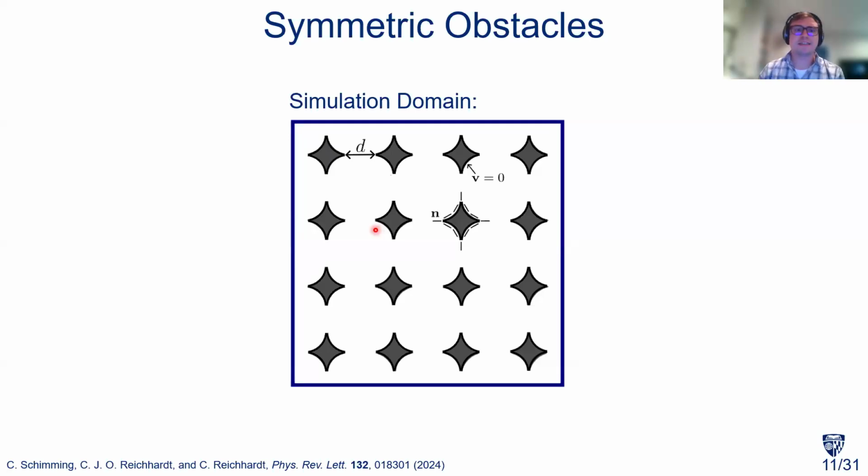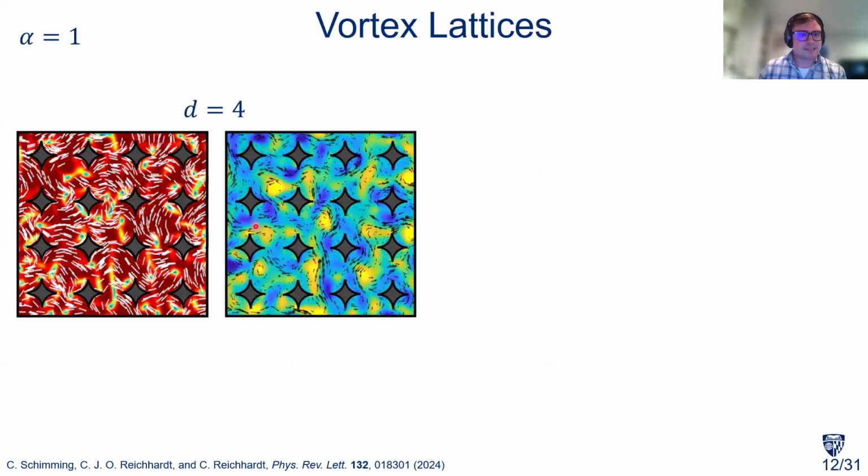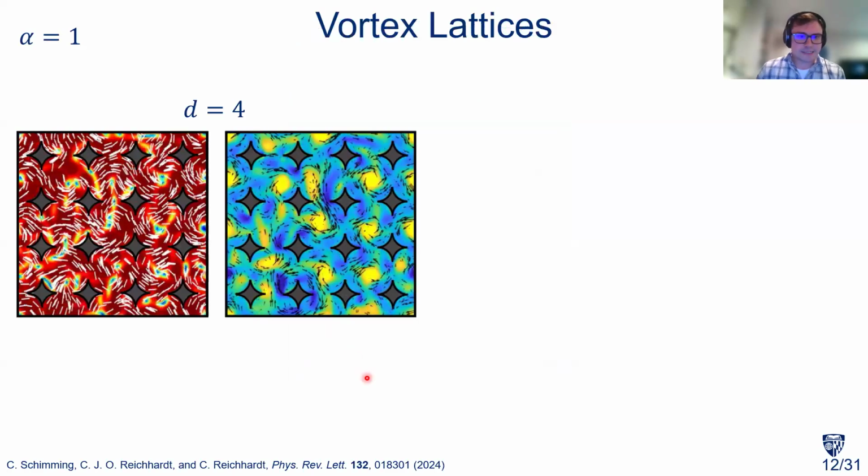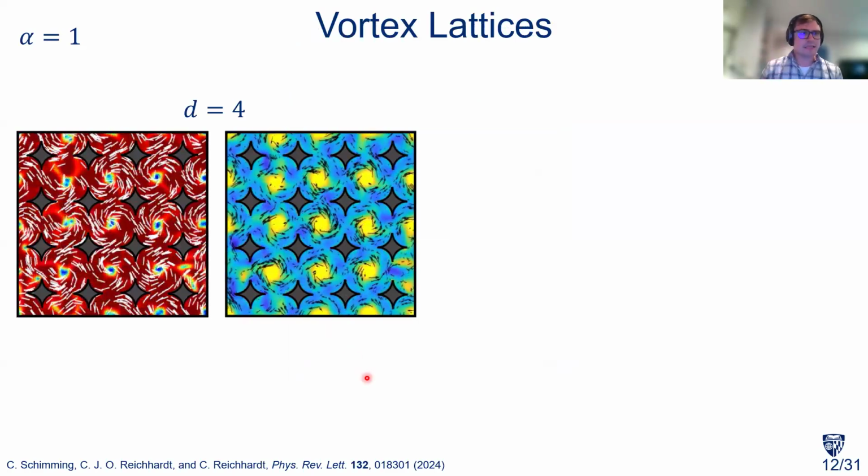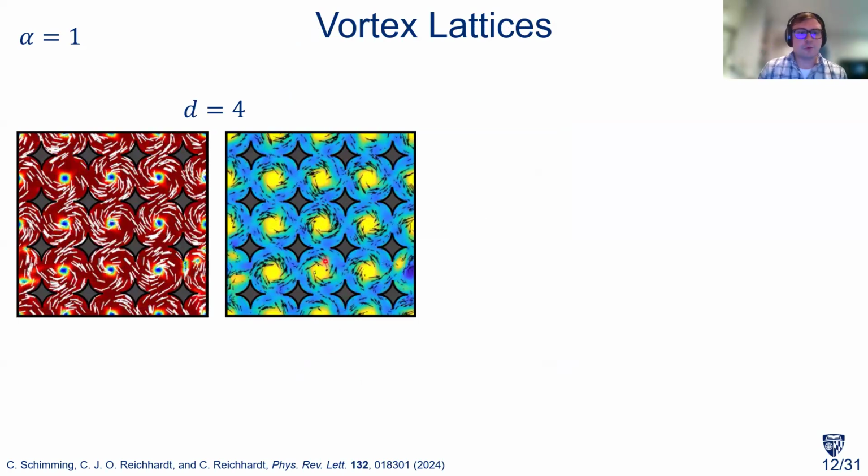And again, we're going to vary the activity and the distance between the obstacles. Here, we shouldn't get any uniform or unidirectional flow because there's nothing breaking the symmetry. And indeed, we don't get unidirectional flow. We thought maybe we'd get just active turbulence, but in fact, we get something maybe a bit more interesting, which is the system tends to coarsen to have vortices sitting in each of these circular plaquettes.